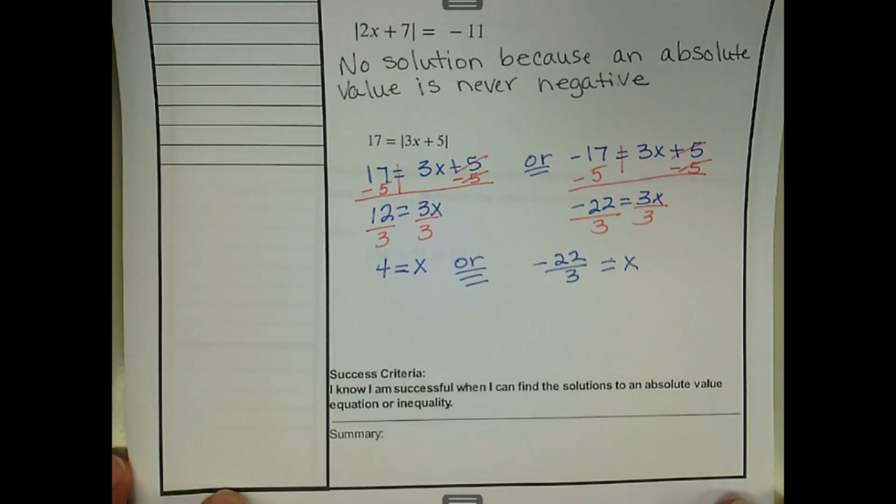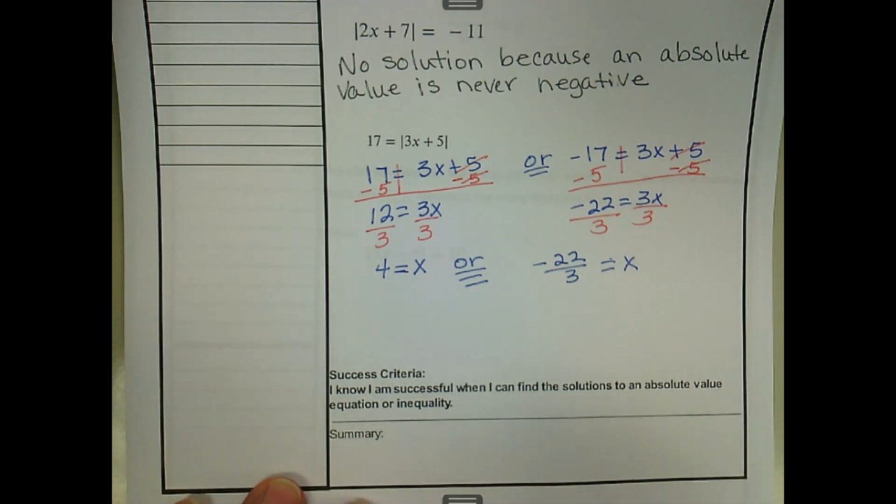So for your success criteria, I know I am successful when I can find the solutions to an absolute value equation or inequality. And this is simply solving absolute values.